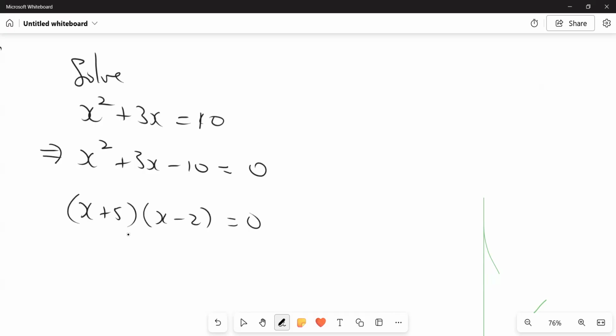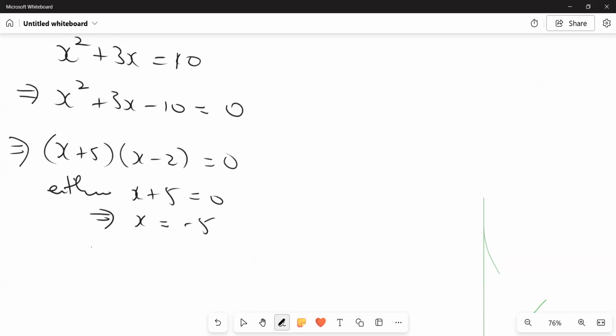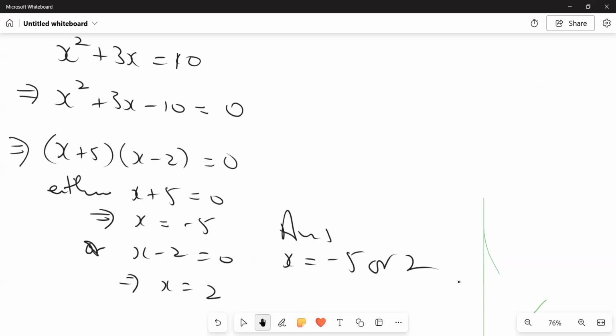So then you're solving now. Either x plus 5 equals 0, which implies that x equals minus 5, or x minus 2 equals 0, which implies that x equals 2. So your answer is x equals minus 5 or 2.